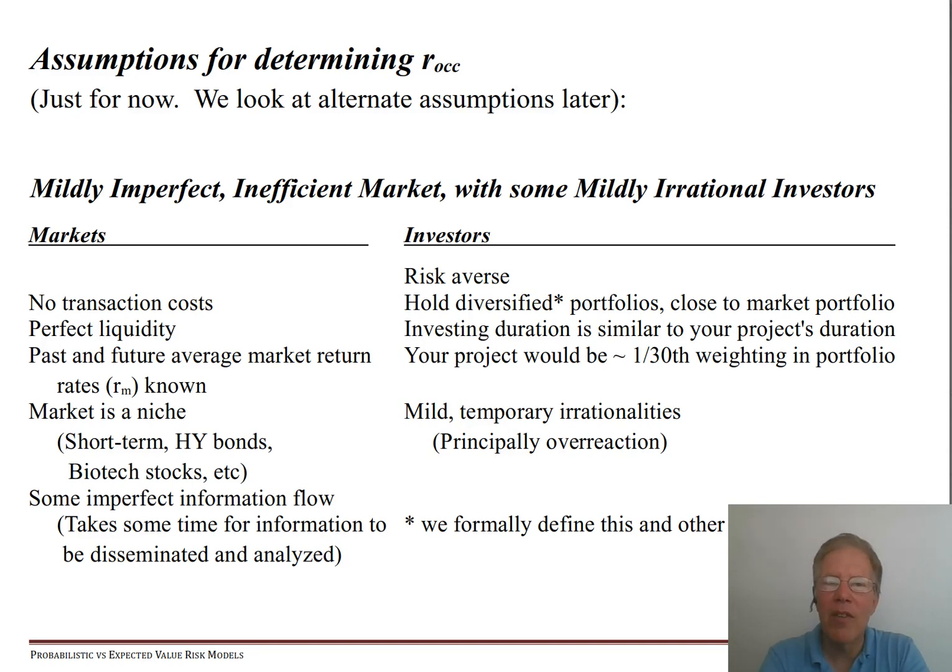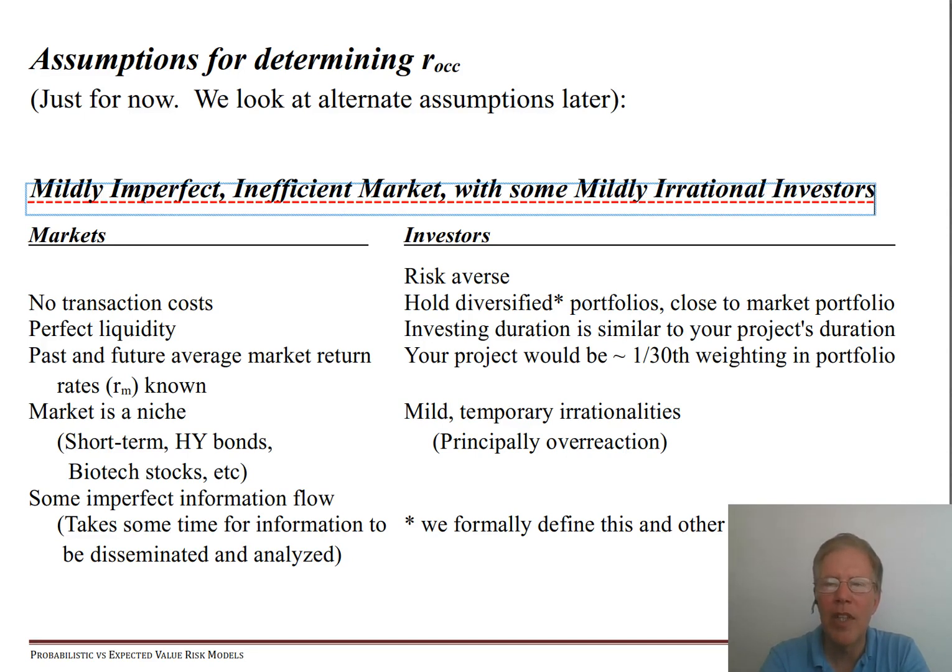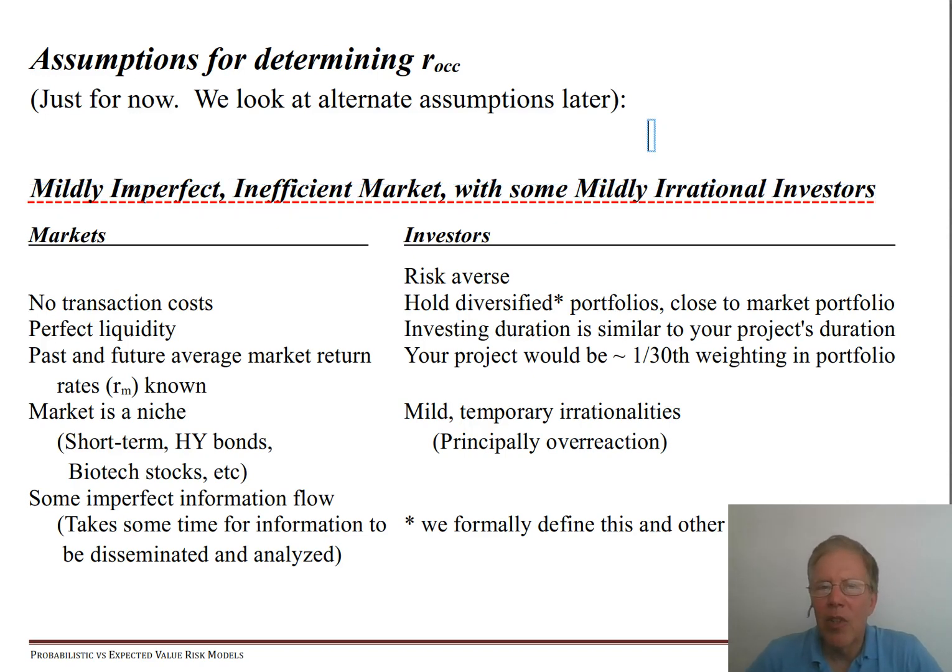So, for example, for our opportunity cost of capital model, we're assuming mildly imperfect, inefficient markets with some mildly irrational investors. Okay, this is the type of thing that Richard Thaler, who just won at the time of this recording the Nobel Prize in Economics, would postulate as a good way to look at the actual behavior of a lot of markets.